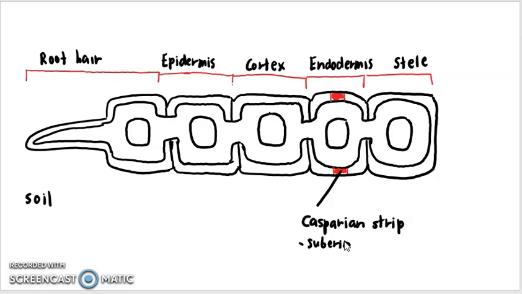Looking at this diagram, what you need to remember is that we first compare the water potential in the root hair and the soil. Since the root hair contains high dissolved minerals and solutes, the water potential in the root hair is lower compared to the soil.